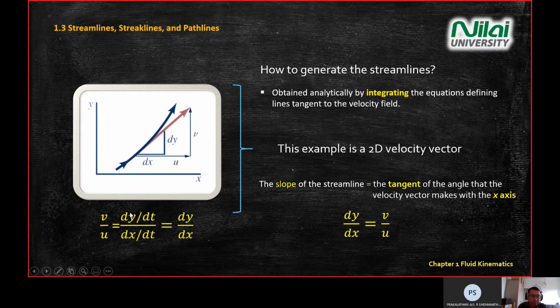So v is the distance traveled in y divided by time, and u is the distance divided by time in the x-axis. You simplify this equation, take out the dt, and you still get back dy over dx. So this is a simpler mathematical model to define dy dx equals v divided by u by referring to this diagram.